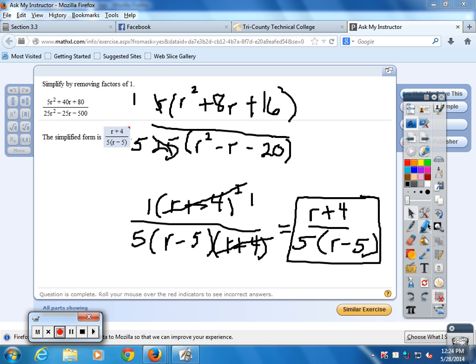Yeah, okay, and then do reverse FOIL. 2b squared minus 5b minus 3. I just think that it would benefit both of us. You gotta be careful here because they like to do 3 and 5.